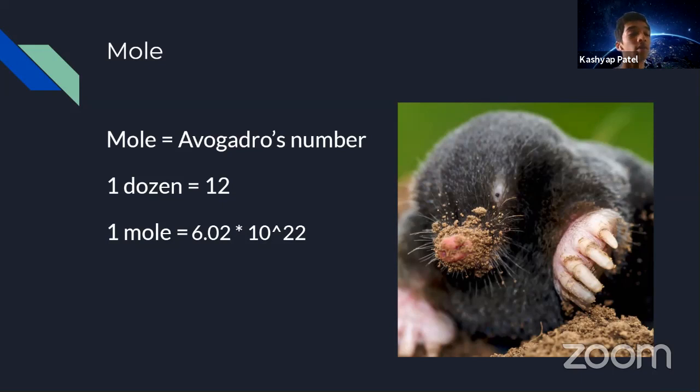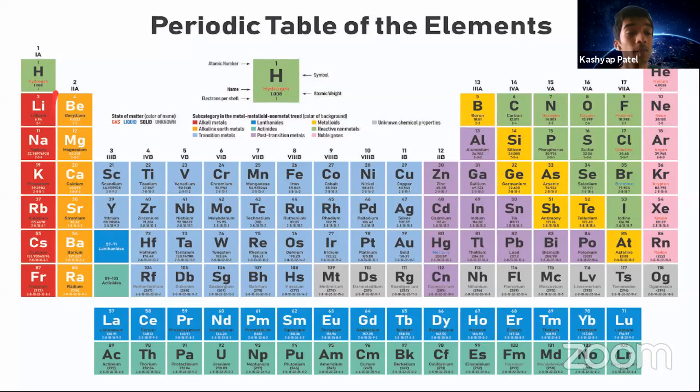And if we take a mole of atoms, let's say a mole of lithium, we would end up with 6.94 grams, which is the atomic mass. If we take a mole of boron, we would end up with 10.81 grams of boron. So can anyone tell me, if we take a mole of carbon, how much carbon in grams will we end up with?